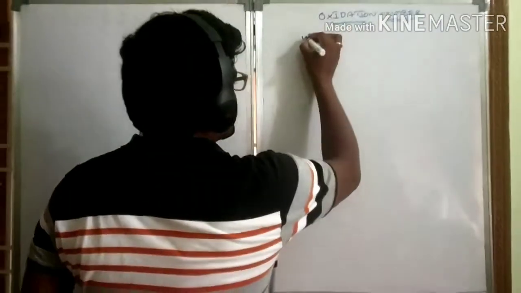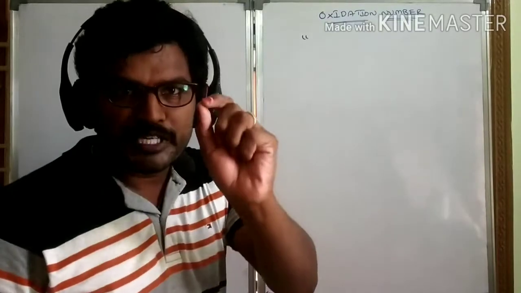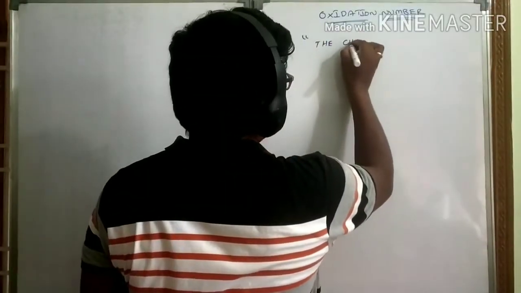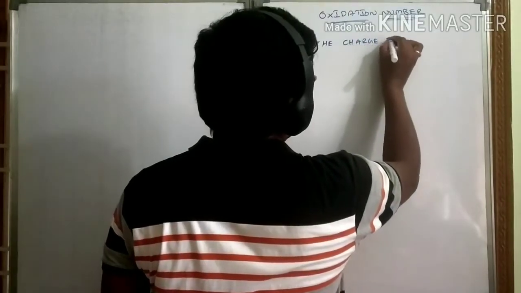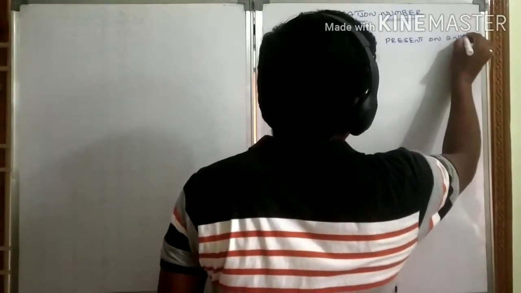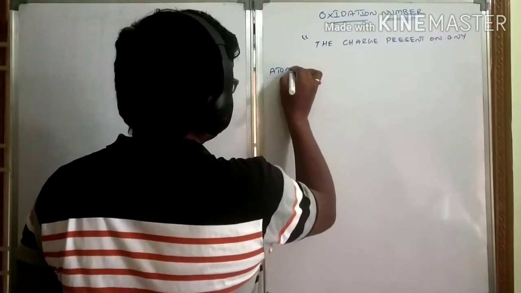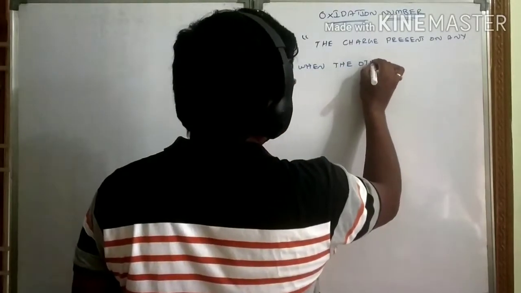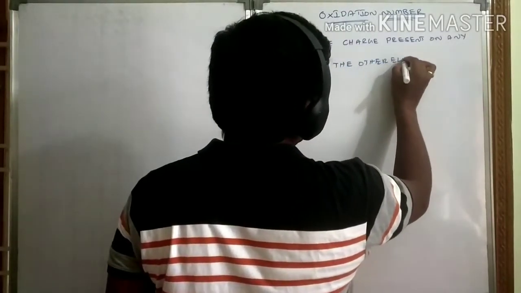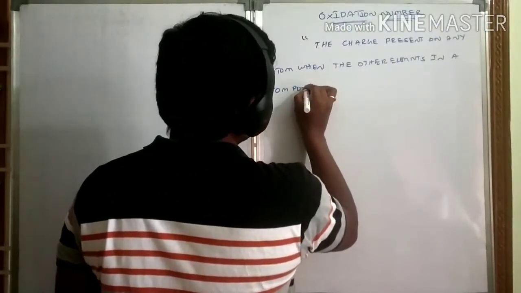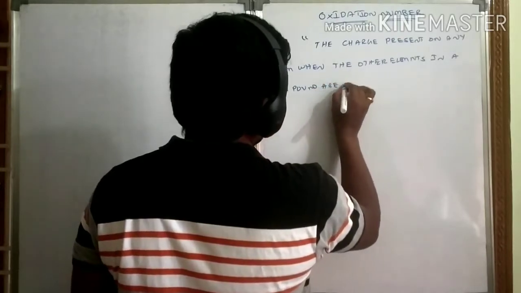See, for any element, oxidation number means the charge present on any atom when the other elements in a compound are removed.